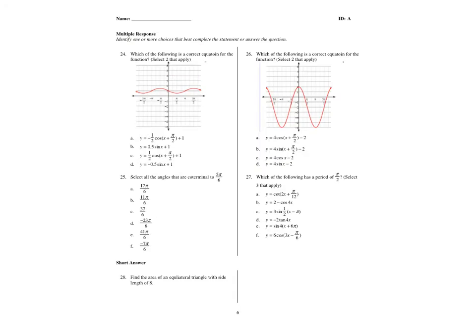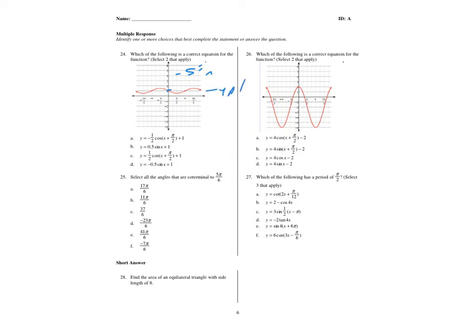All right, now we got some select all that apply here. So for these ones, let's go through them. So the first one here, it looks like, let's see, if I have no phase shift, I would call this a negative sine. And it's got an up 1 shift.